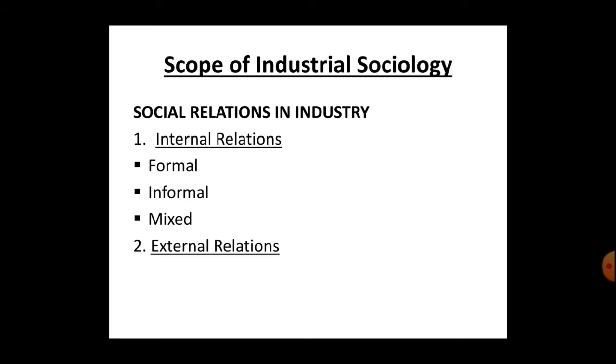Informal relations: the personal relations among the people in an organization are called informal relations. Such relations may obtain among individuals or among groups. For example, if there is friendship between two workers of a factory, these relations would be called informal relations.